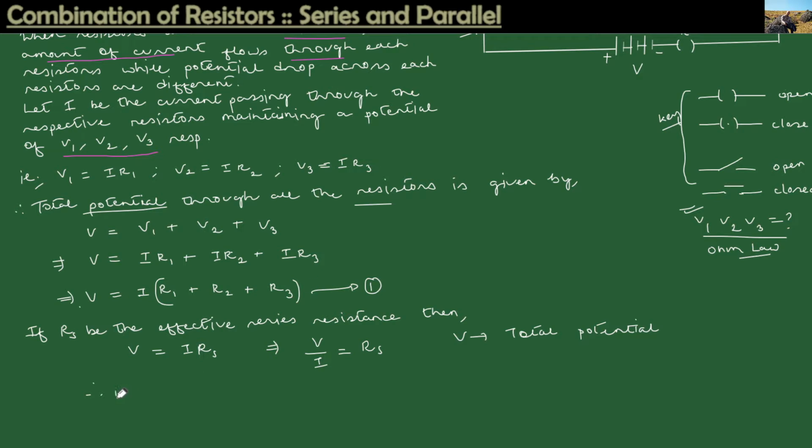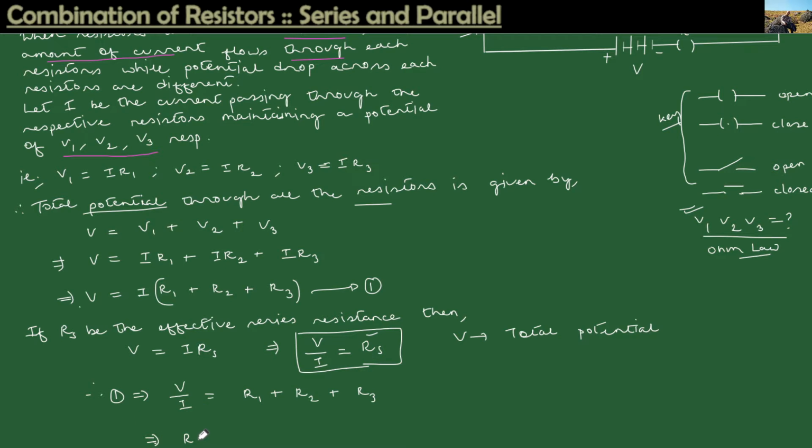From equation 1, V divided by I will be equal to that bracket term, which is equal to R1 plus R2 plus R3. This will be equal to Rs.